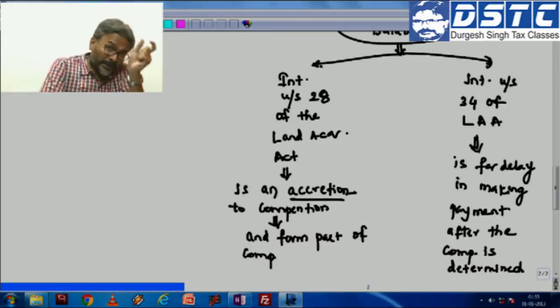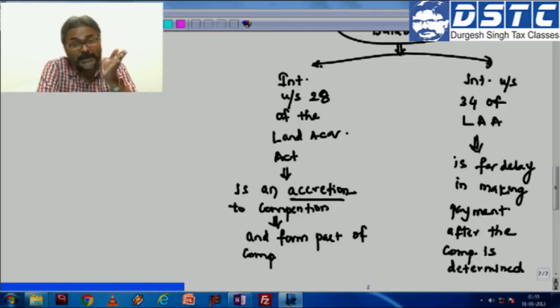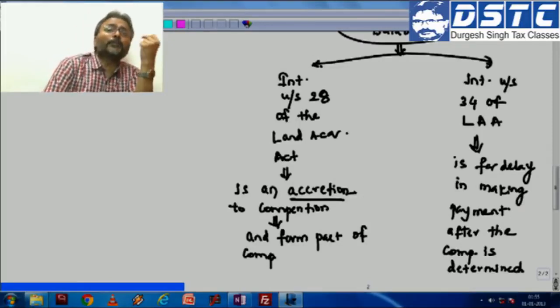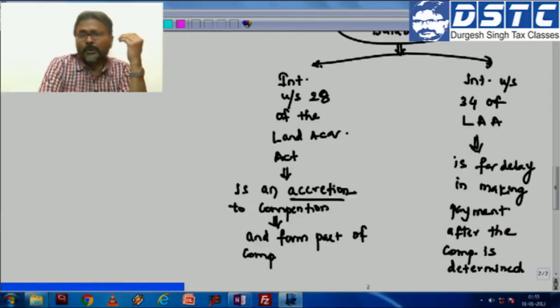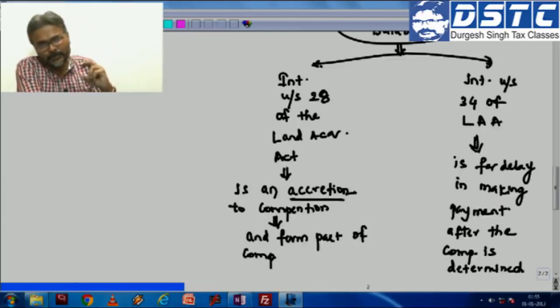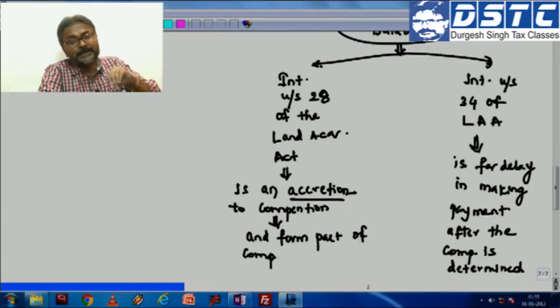The name that they are using is interest. But if it is the interest which has been given under 28, then the language of 28 says that this interest is in the nature of accretion to the compensation which was originally decided. And as I told you, accretion means addition to the compensation. So this is not in the nature of an interest, this is in the nature of compensation itself.